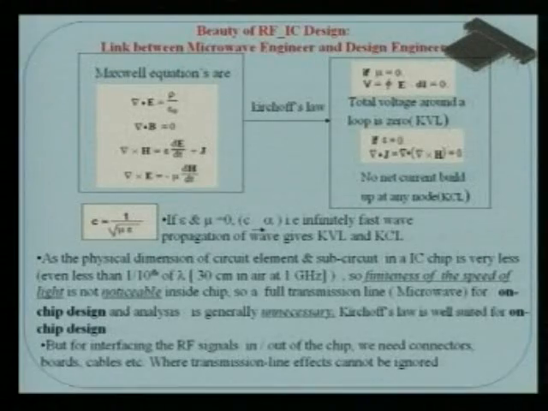That's exactly what happens while you're designing in the IC design. If you take the 3rd equation and apply epsilon equal to 0, then curl of H equals J. You take the divergence of J equal to divergence of curl of H. What is the divergence of curl of H?